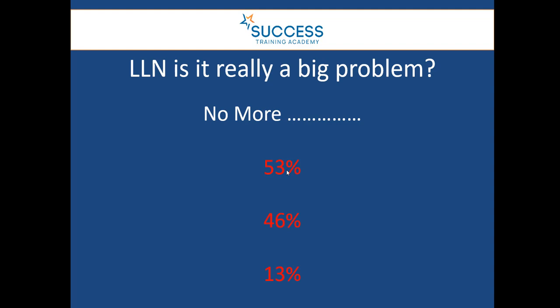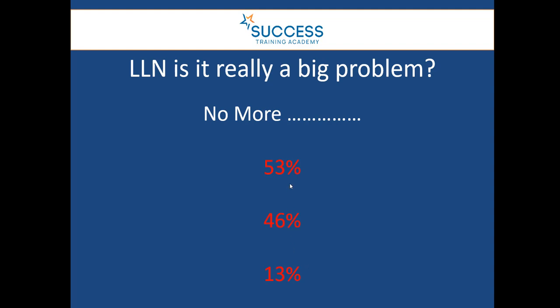The key statistics that I want to highlight to you are the following: 53, 46, and 13. 53% relates to numeracy, 46% relates to reading, and 13% relates to illiteracy.